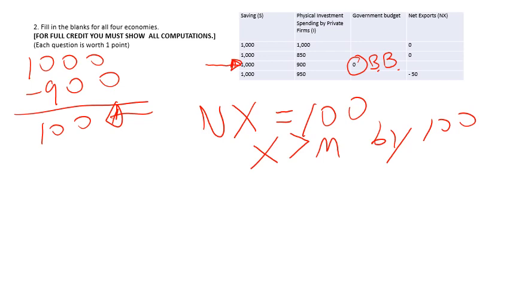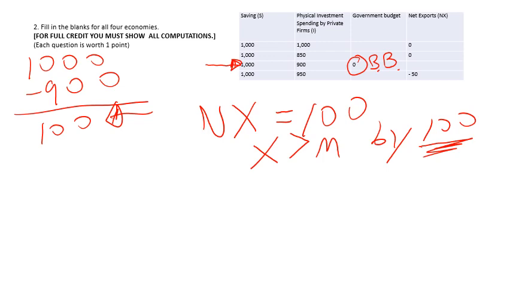So our economy is holding on to $100 billion of their monies. We have a trade surplus, they have a trade deficit. So what's going to happen?